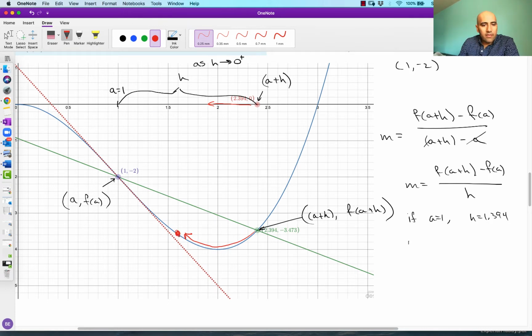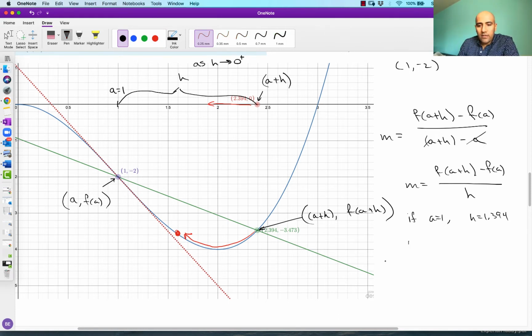At some point, we find the secant line that connects them. The slope of that line will be a really good approximation to the slope of the tangent line. At any specific point, they're not equal to each other. But if we think about what happens as they travel to infinity, at infinity, we say that the result of this secant will give you the slope of the tangent line at that point, right? And that leads to this.